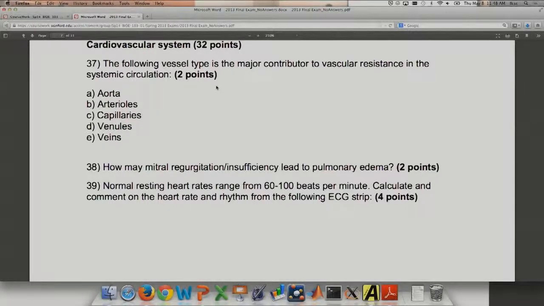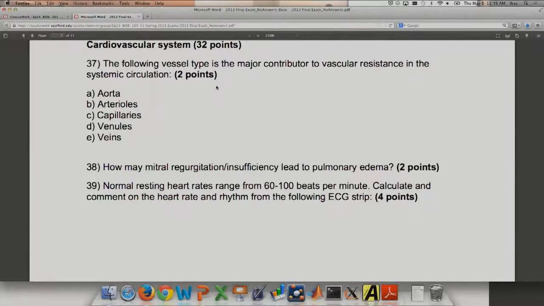How may mitral regurgitation lead to pulmonary edema? Now you guys should be experts at this because we did heart failure with a patient with severe pulmonary edema. So how does mitral regurgitation or insufficiency lead to pulmonary edema? Correct.